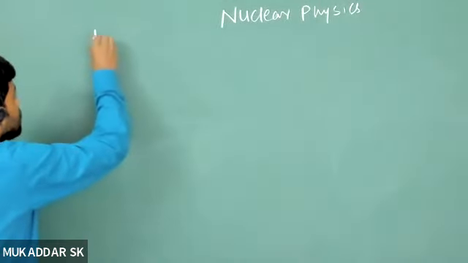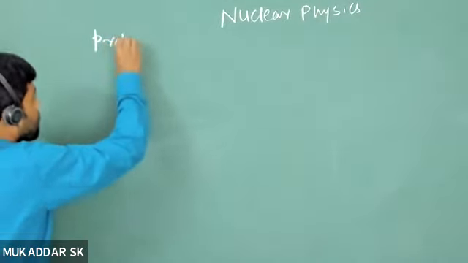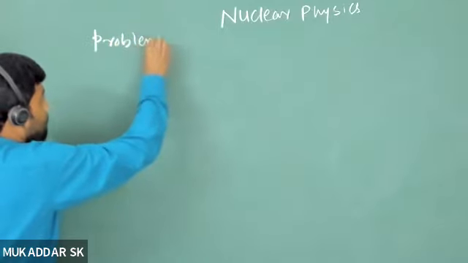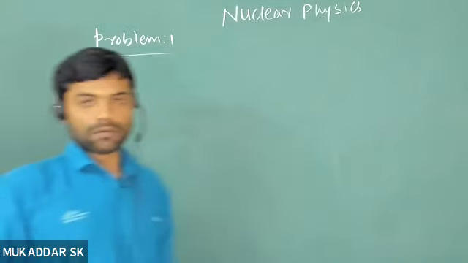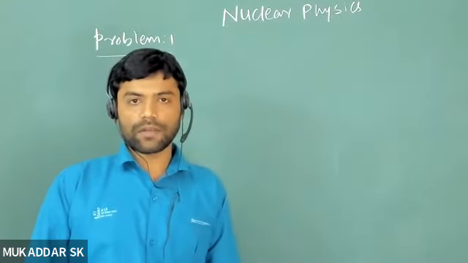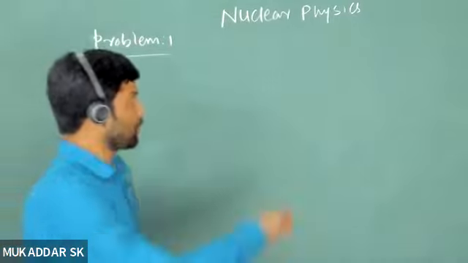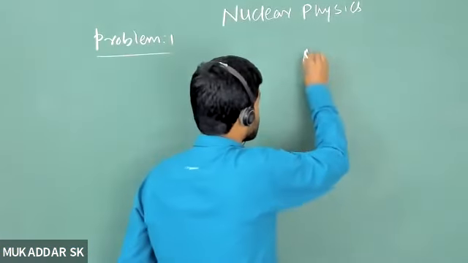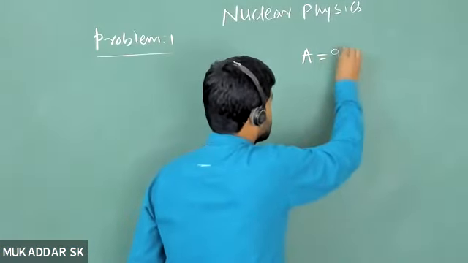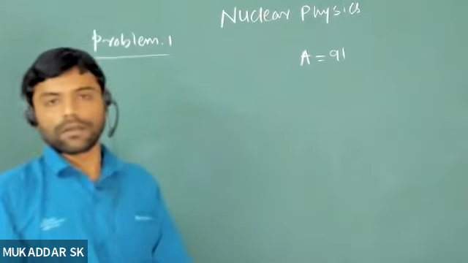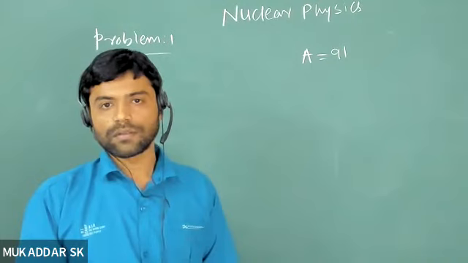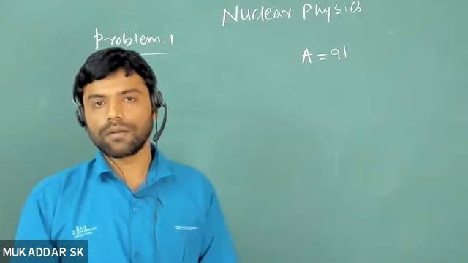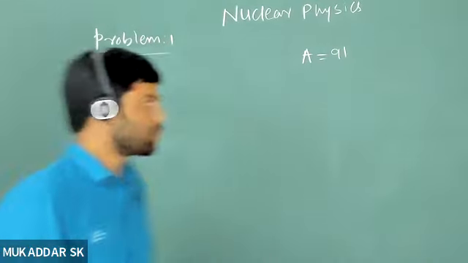First problem you have. It is given that you have an isobaric family of mass number A equals 91.